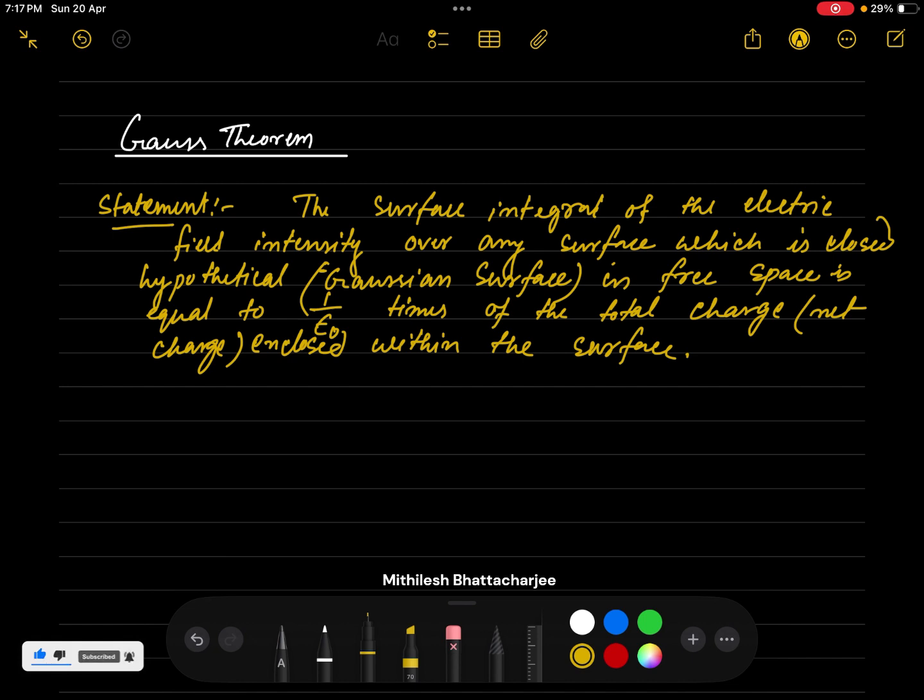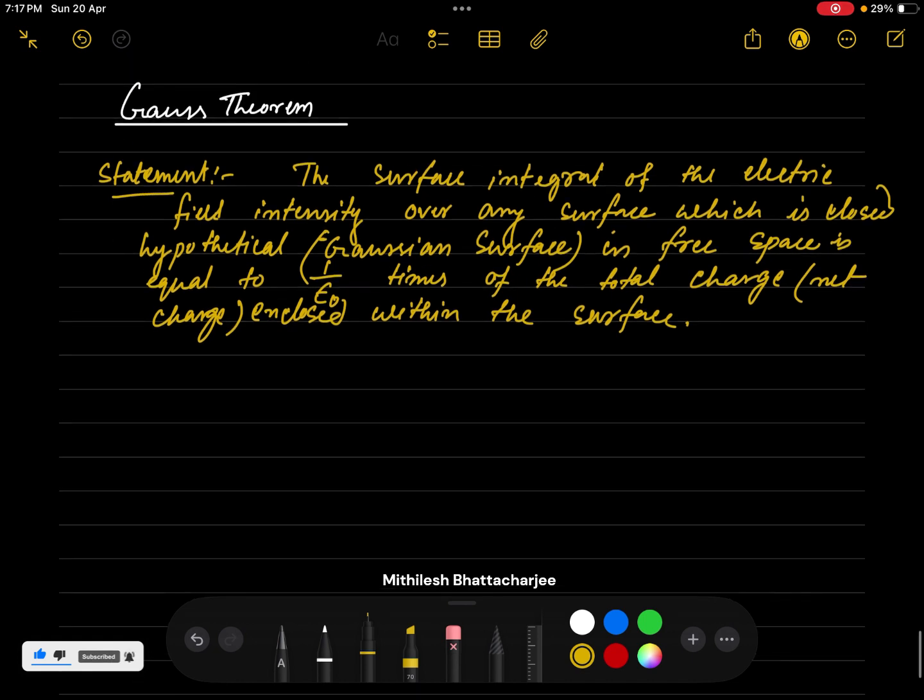So the statement is easy, right? The surface integral of electric field intensity over a closed surface, this is the closed surface, is equal to 1 by epsilon naught times the net charge.